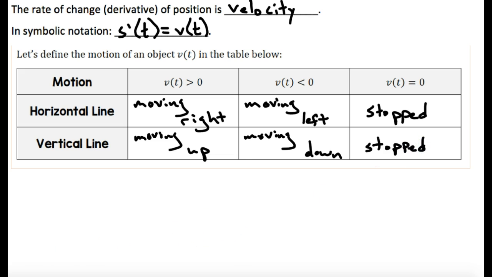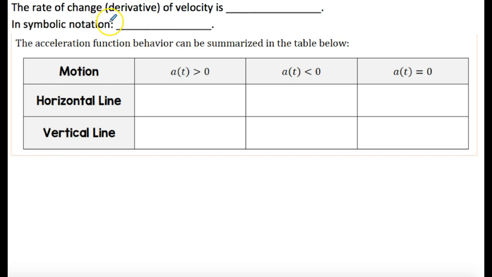All right. So big idea, the derivative of position is velocity. We're going to analyze a lot of velocity functions here. Now, we're going to go one step further and also analyze the derivative of velocity. So the rate of change of velocity is acceleration.